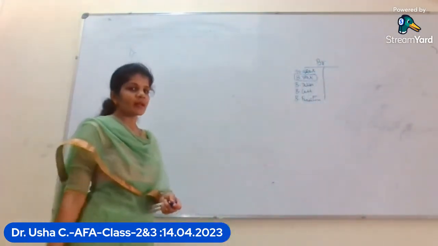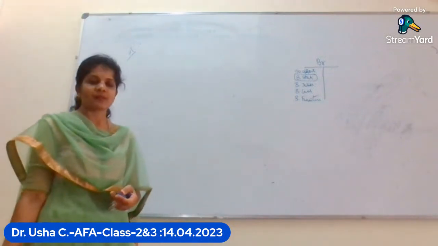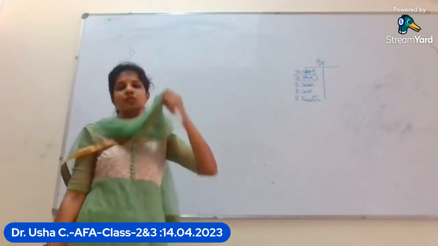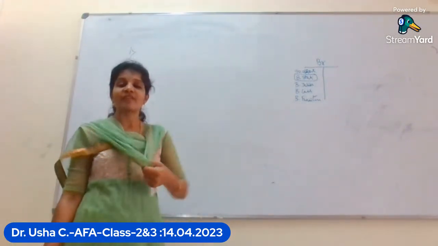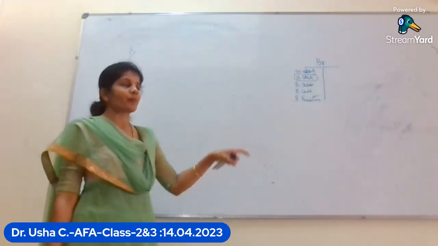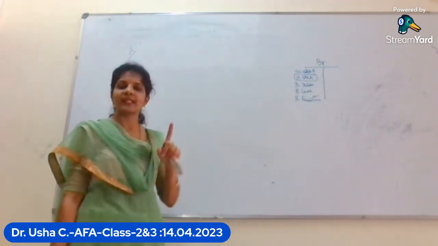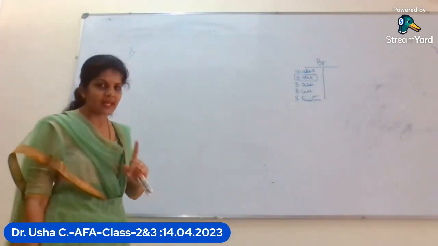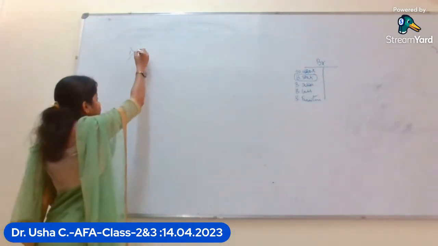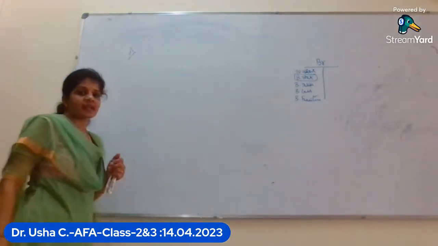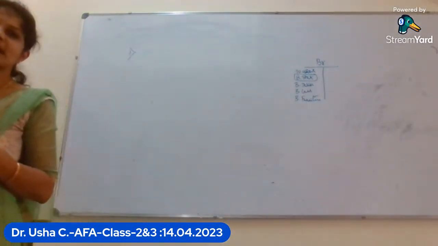When the goods are sent by the head office to the branch at invoice price, even the stock recorded is at the invoice price only.